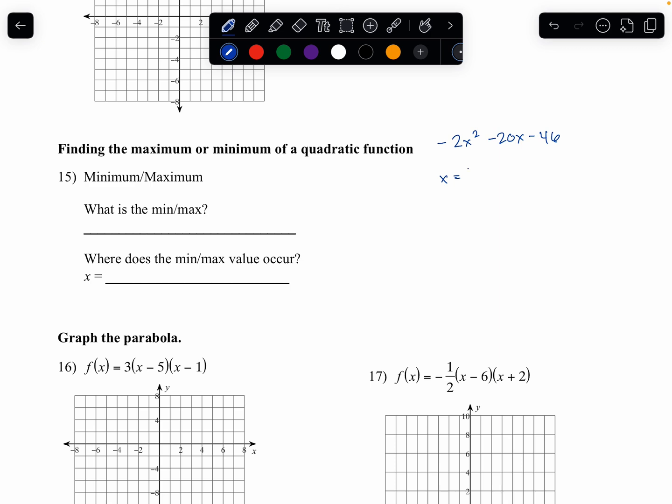So x is equal to -b over 2 times a. So that's going to be equal to 20 over -4, which should be -5. So my vertex is going to be -5, comma. Now I need to plug -5 in for x.